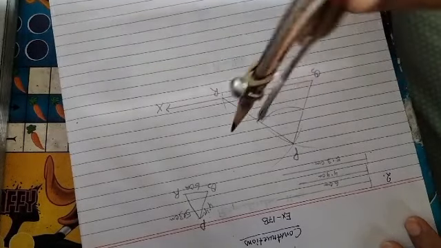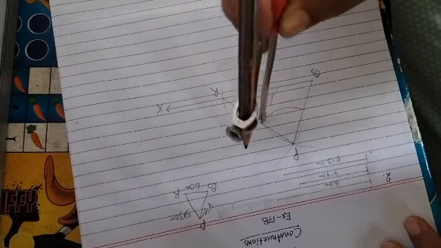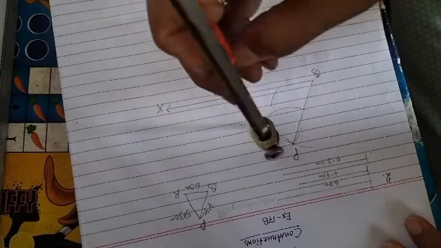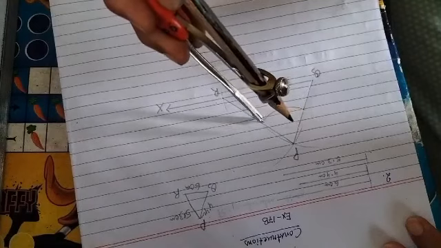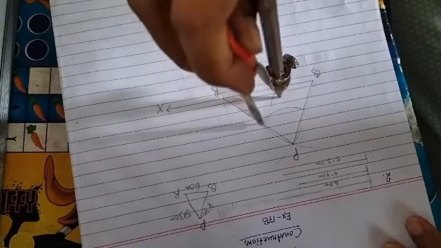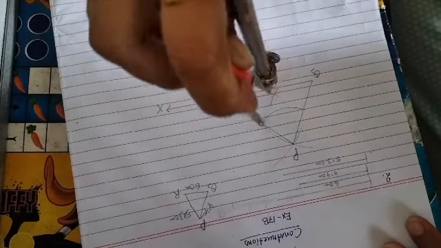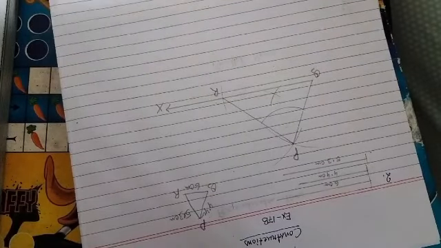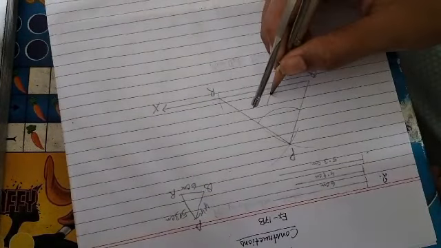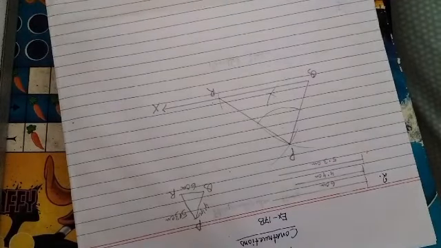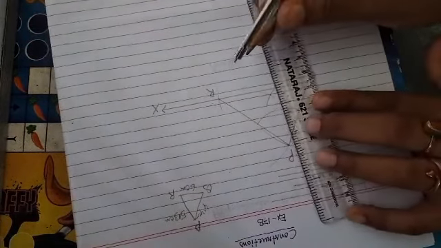from this point and from this point also. Then I'm getting one point here, this one. Then I'm joining this.